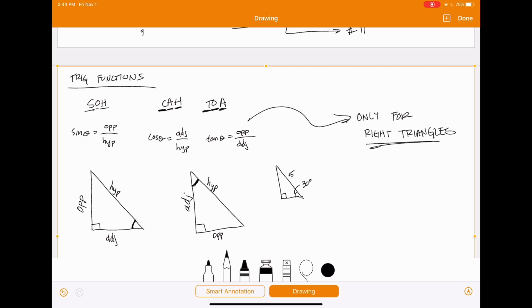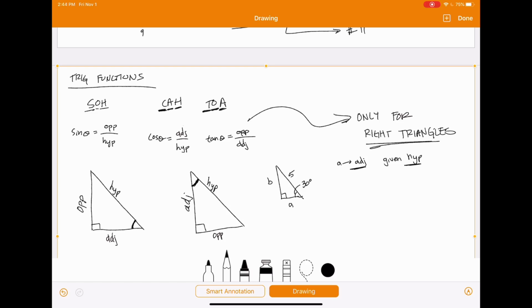All right, and we want to find A and B. So let's start with finding side A. First thing you want to recognize is that side A is your adjacent side, right? And then we're also given the hypotenuse. So we need the trig function that has the adjacent side and the hypotenuse in it.